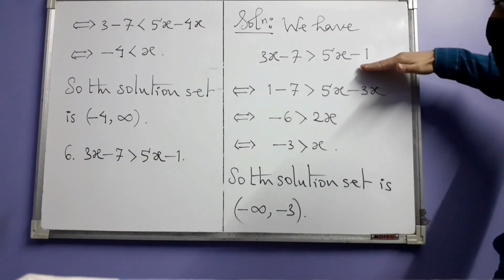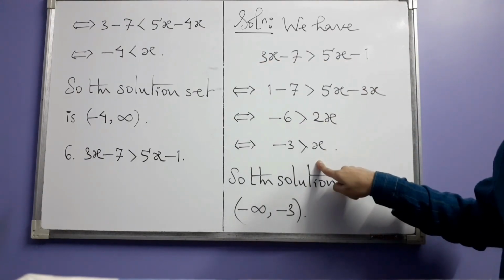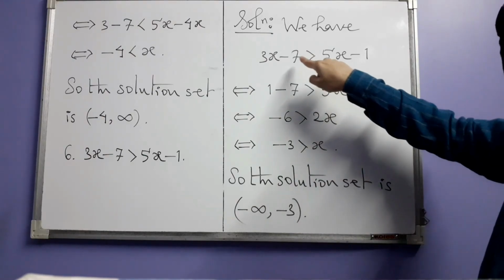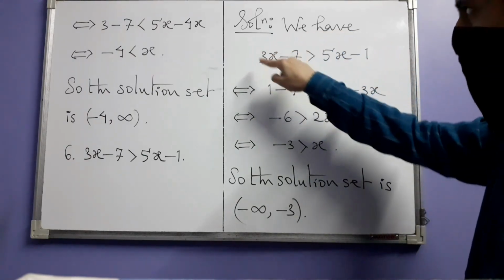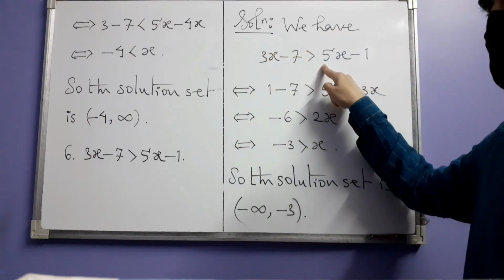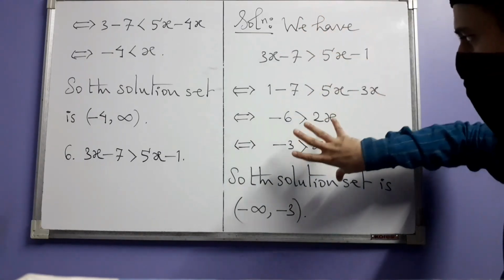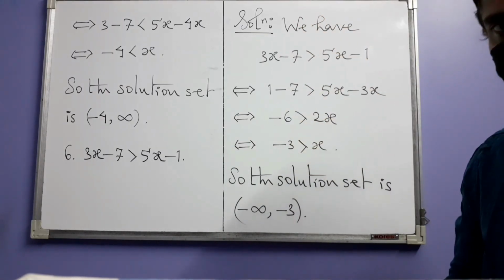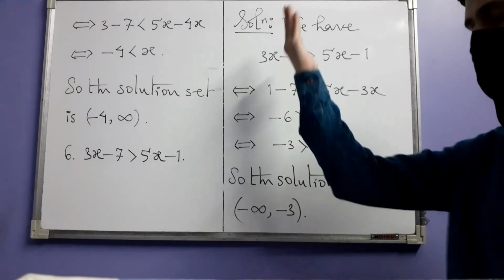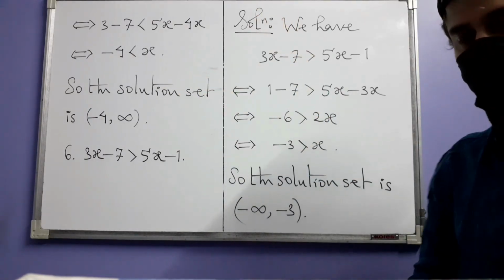If this is true, then this is true, which means that the set of all real numbers that satisfy this inequality also are less than minus 3. So that set is a subset of this set. Conversely, you have also proved the reverse implication.